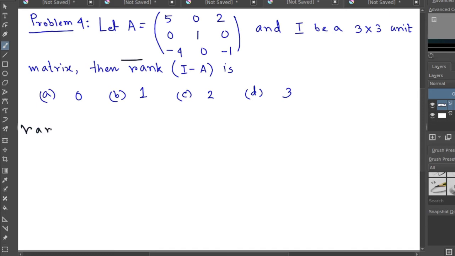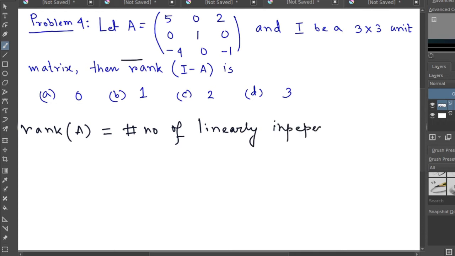The rank of a matrix A is defined as the number of linearly independent rows or columns, the same thing.